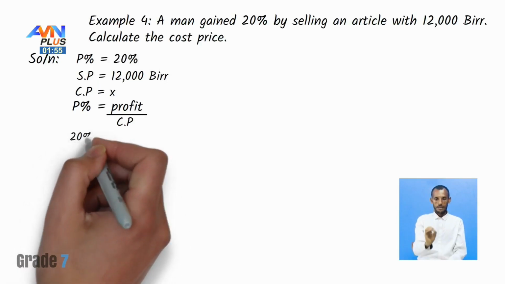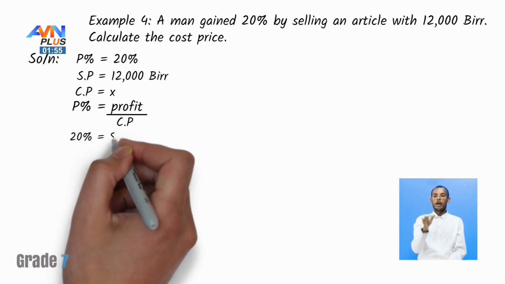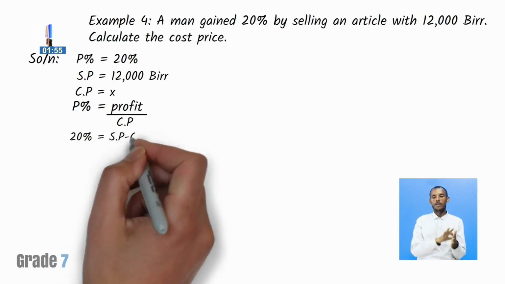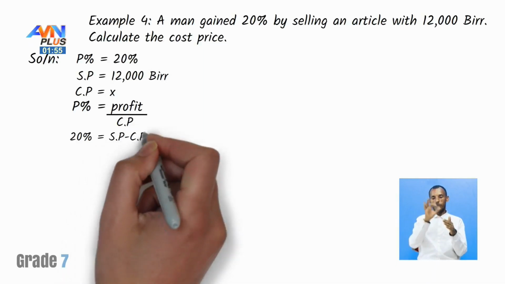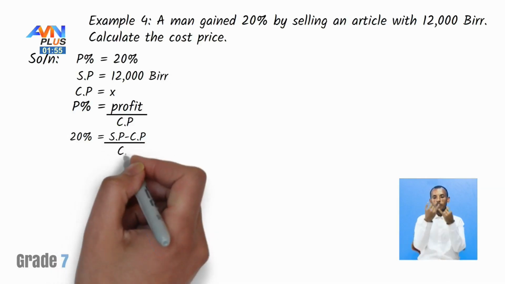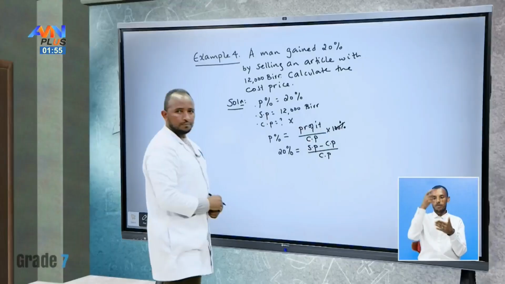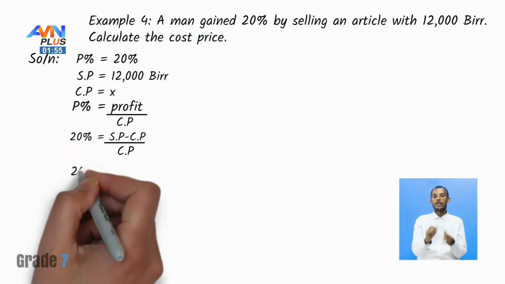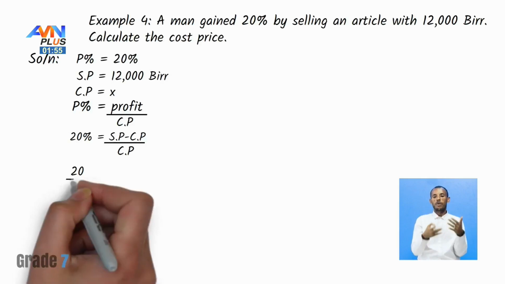20% is equal to profit, and since the selling price is bigger, profit is the difference between selling price and cost price. Therefore, here, selling price minus cost price over cost price. This is the equation. So, 20% in fraction form is 20 over 100.